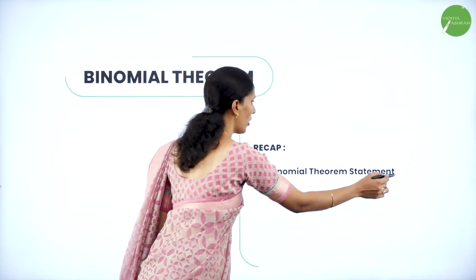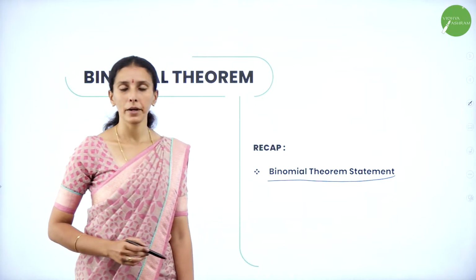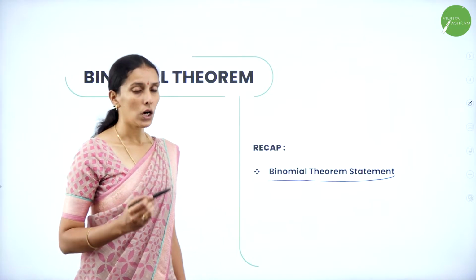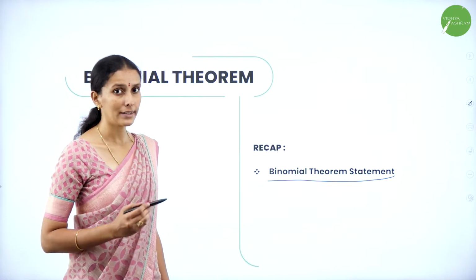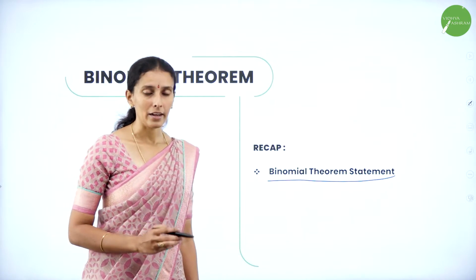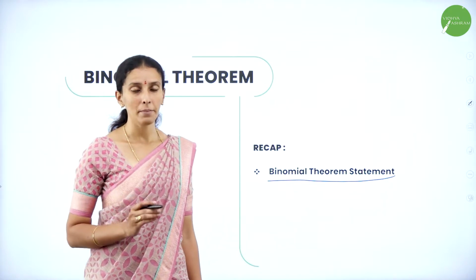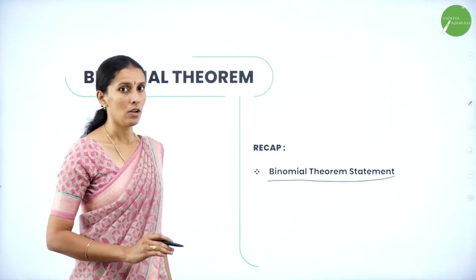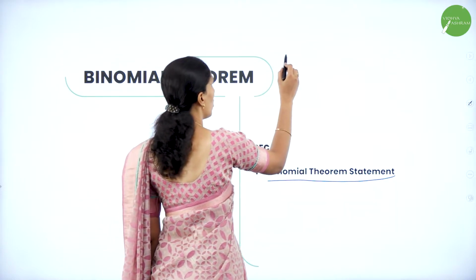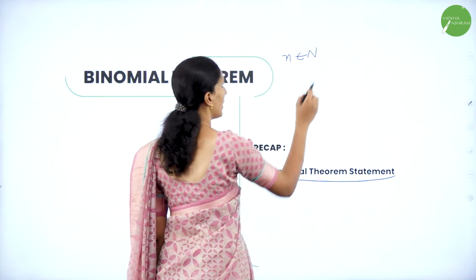So, a very important thing is you should know the statement of the binomial theorem. What does the statement of binomial theorem say? For any n, that is n must be a positive integer, so n should belong to the set of natural numbers.